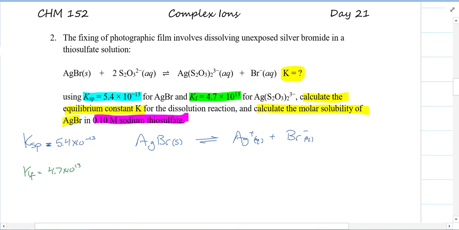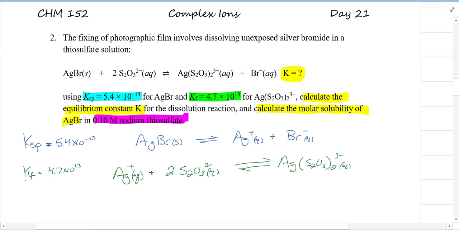And we just know that we make Ag(S2O3)2 3 minus. Well, what makes up those things? Well, it has to be silver, and it looks like 2 S2O3 2 minuses, 2 thiosulfates.